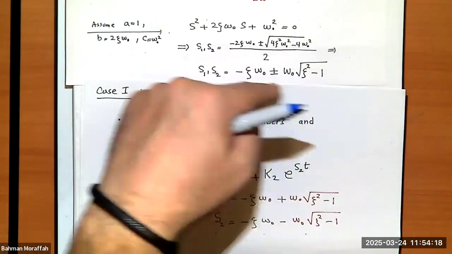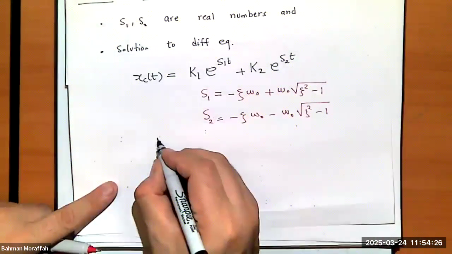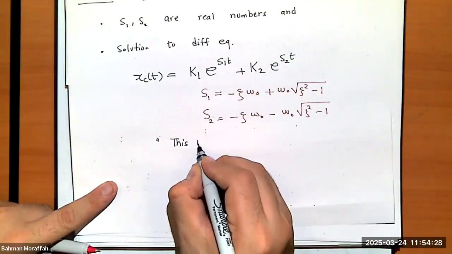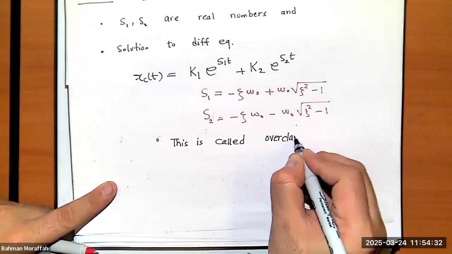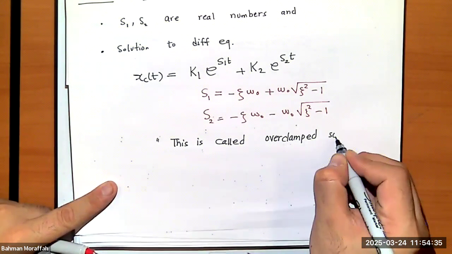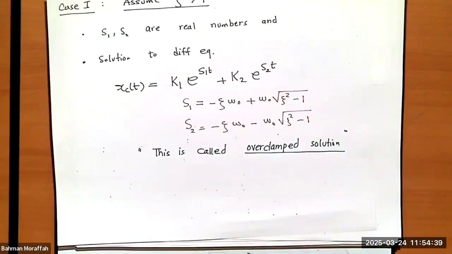We call this the overdamped solution. So we have an overdamped solution if zeta is greater than 1, which means we have 2 real solutions for the characteristic function.